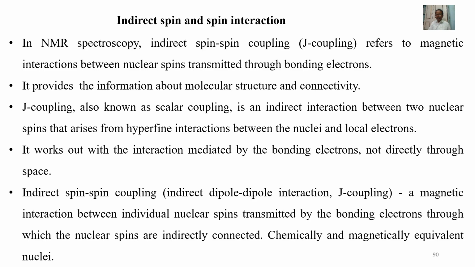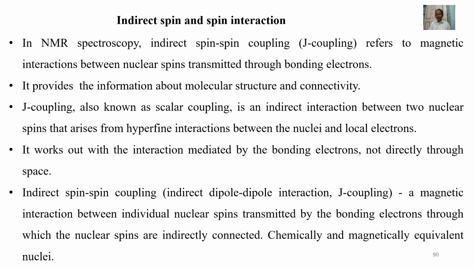Indirect spin-spin coupling, or J coupling, is a magnetic interaction between two nuclear spins that occurs through the bonding electrons connecting the nuclei. Spin-spin coupling occurs between neighboring NMR active nuclei and causes splitting of NMR spectra.